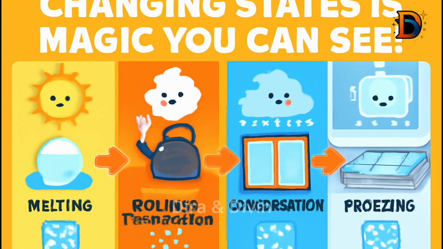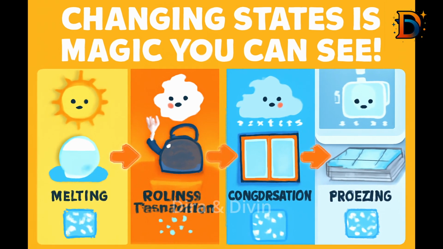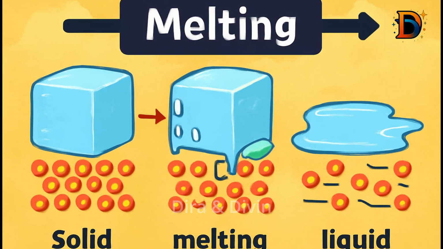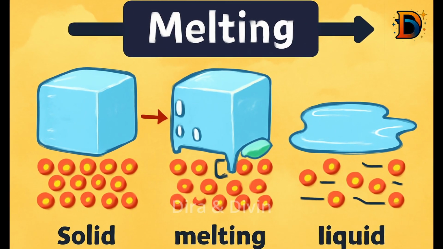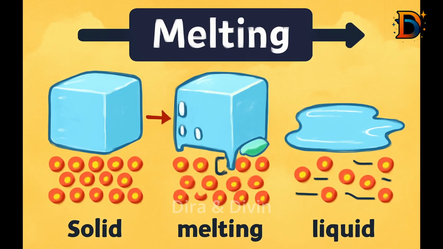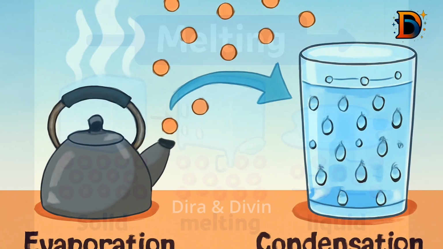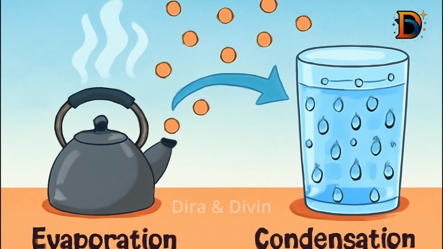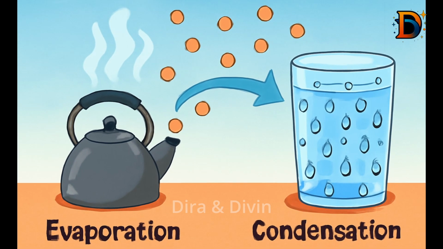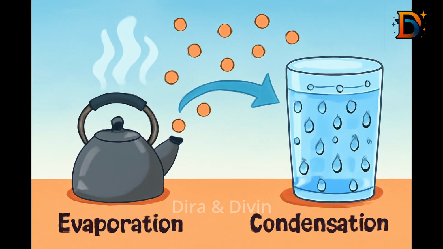Changing states is magic you can see. When you heat a solid, it can melt into a liquid, like ice turning into water on a sunny day. When a liquid gets hotter, it can turn into gas, like steam when water boils.